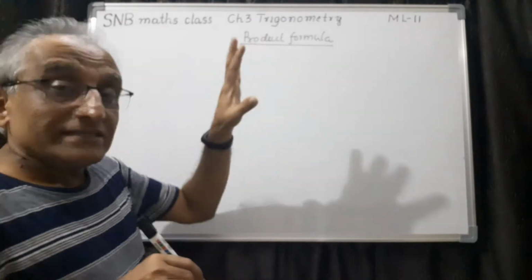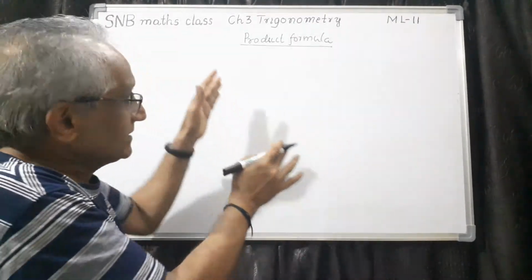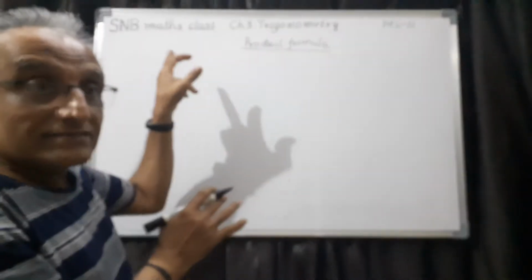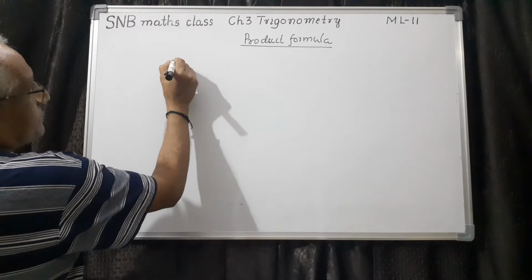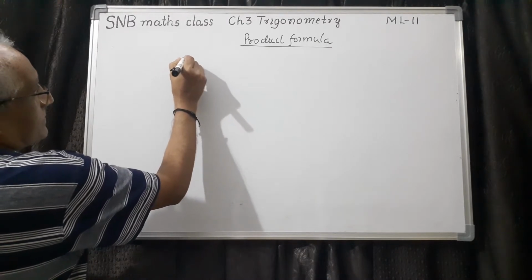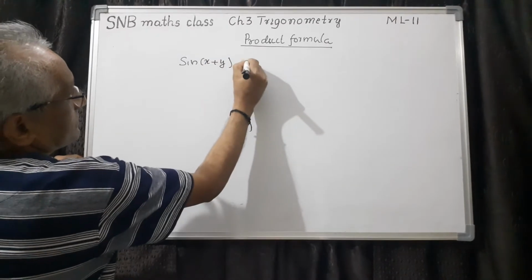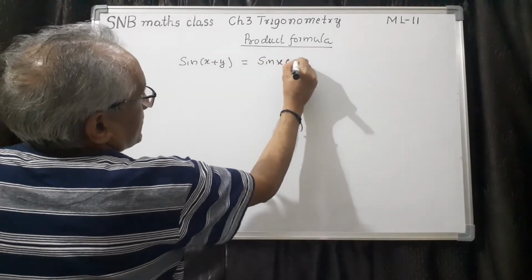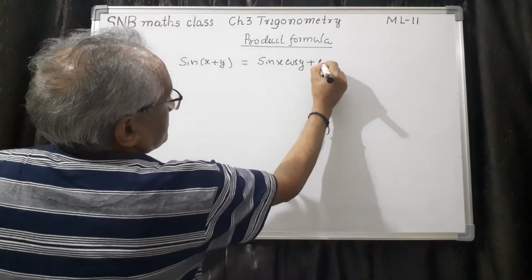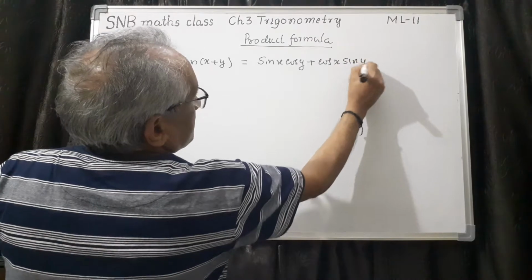So what is the product formula? A sum can be converted into a product. So it can also be called the sum-product formula. Now first consider, we have seen this one, sine of x plus y, which is sin x cos y plus cos x sin y.